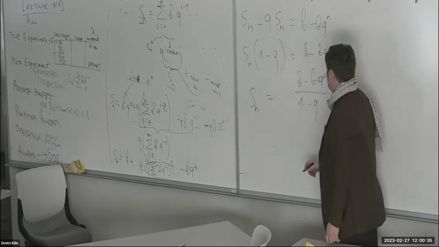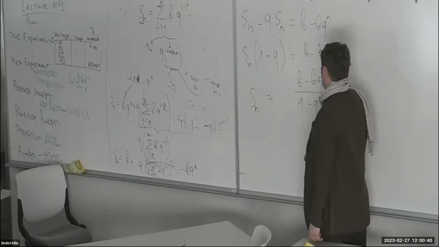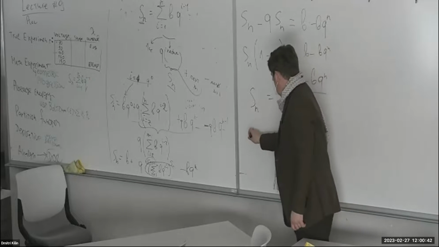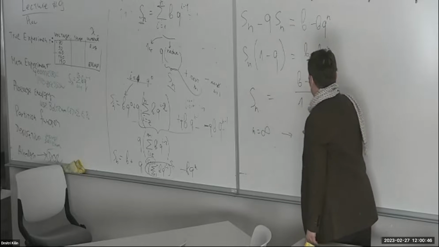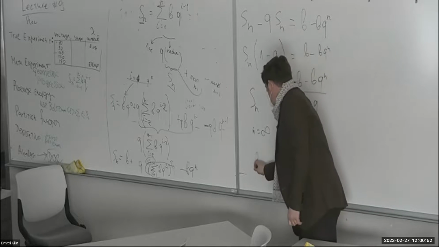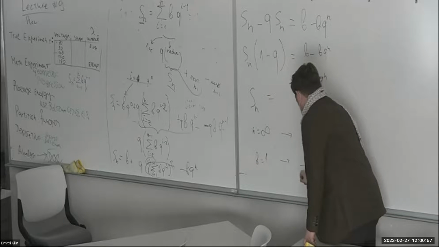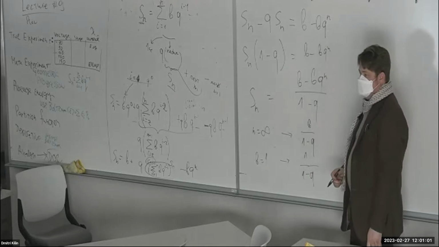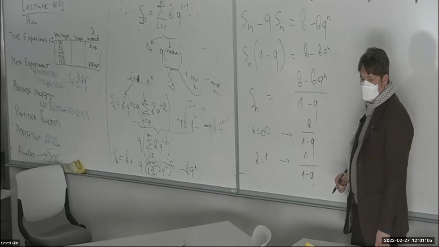So if we set n equals infinity, then it will be just b divided by 1 minus q. If b equals 1, then it will be just 1 divided by 1 minus q. Right? So we do have a summation of geometric progression.